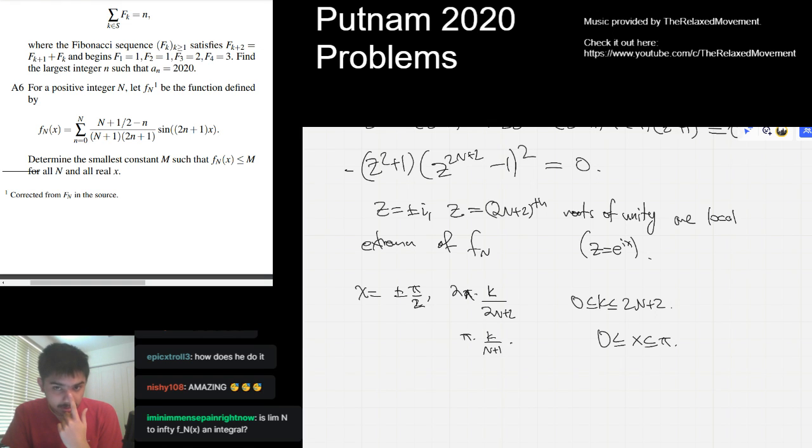Oh my God. What to integrate that? Plug in. This is brutal. How do you do anything from here? I found the extremums, and I can't even plug them in nicely. I legit can't even plug them in and get any information.